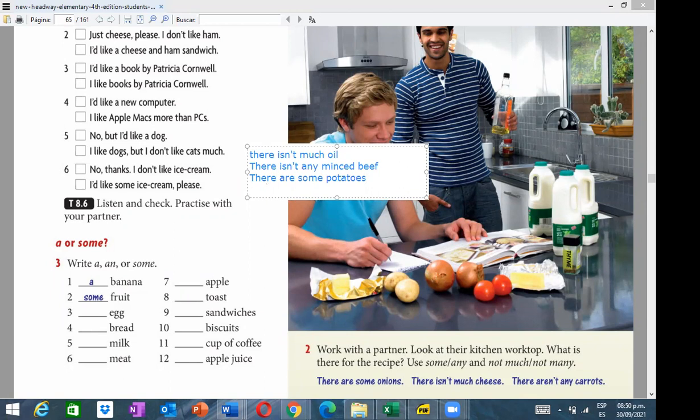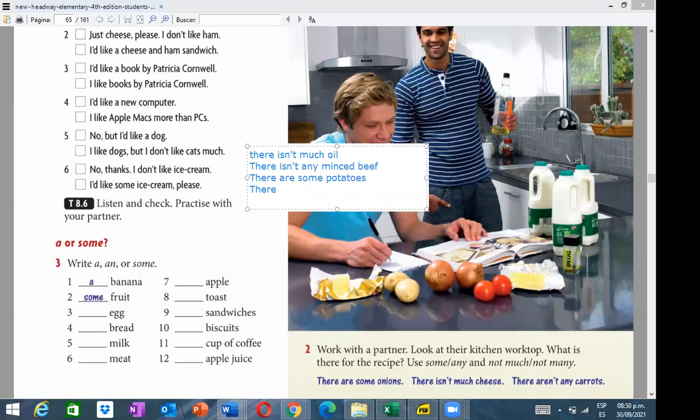Or we can say, remember, tienen que usar también not much, not many. Much para lo incontable y many para lo contable. Y las papas, podemos contar uno por uno, ¿no ve? Se puede contar. Entonces podemos decir, there aren't many potatoes. ¿Por qué? Porque es contable.